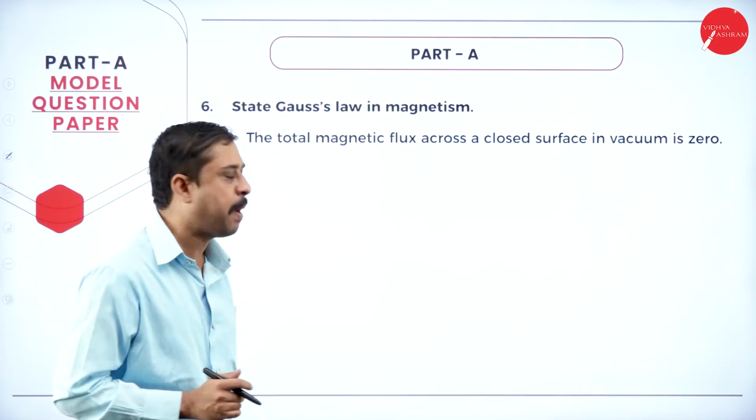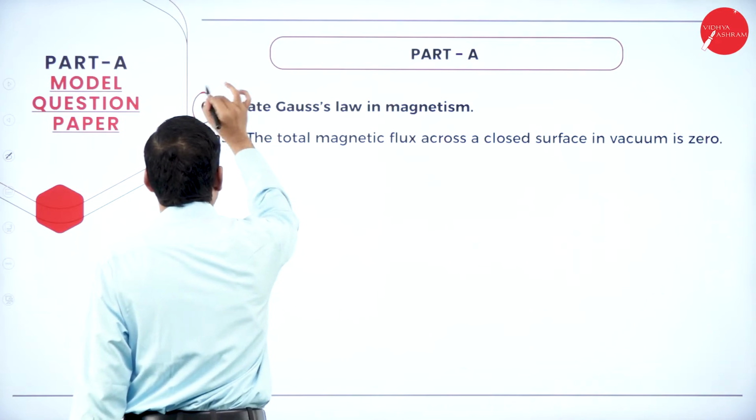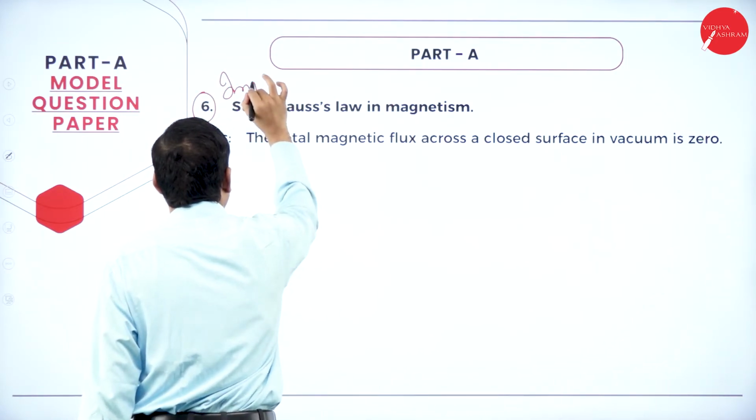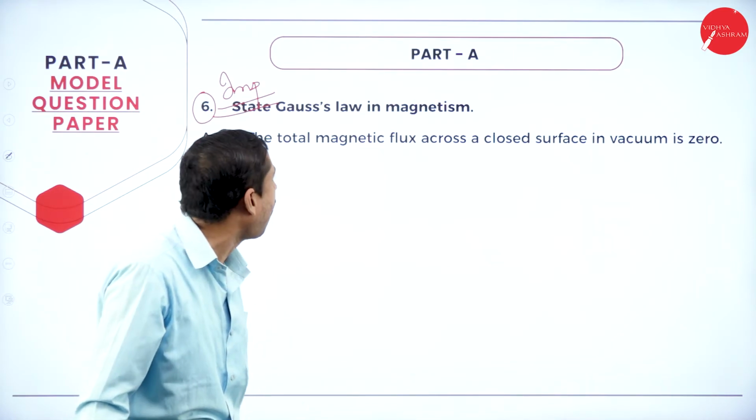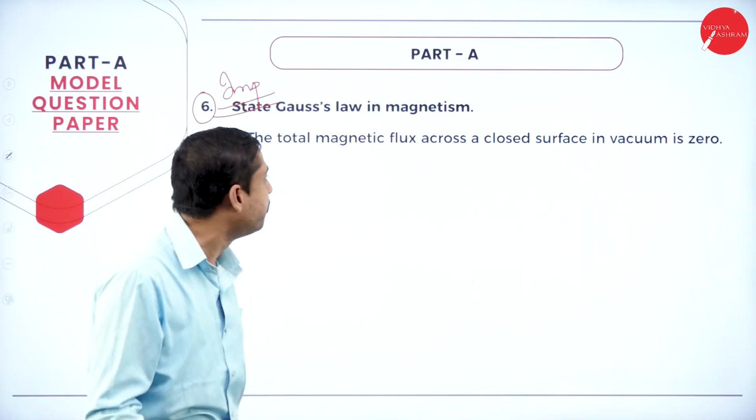State Gauss law in magnetism. This is a very important question. Either Gauss law of electrostatics or Gauss law of magnetism, very, very important.